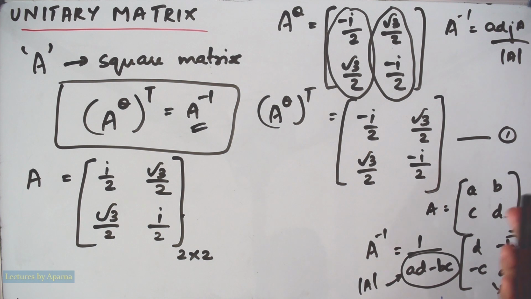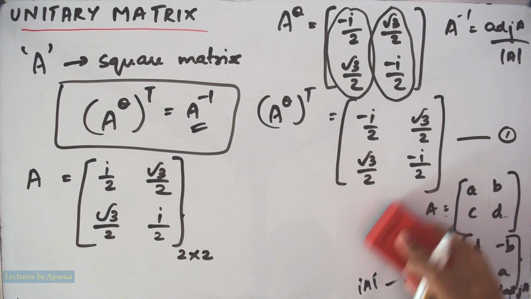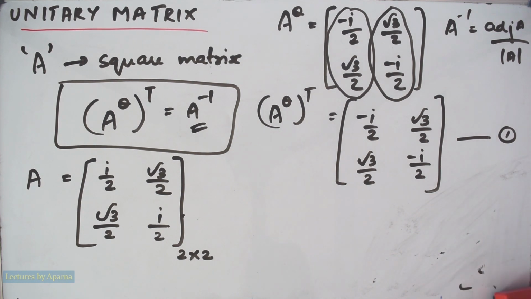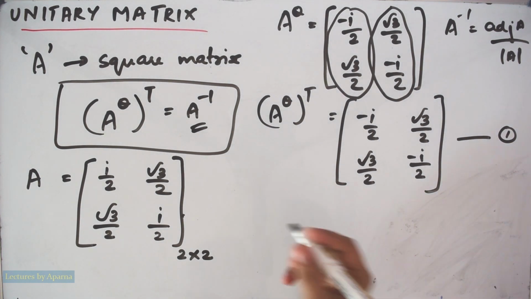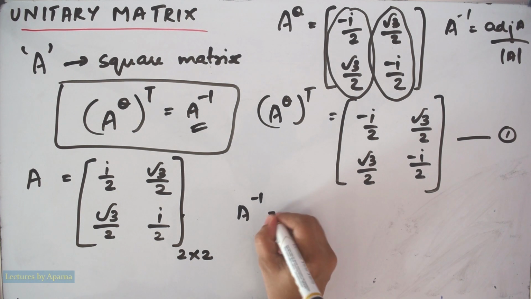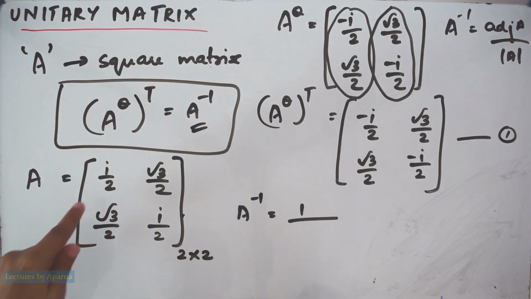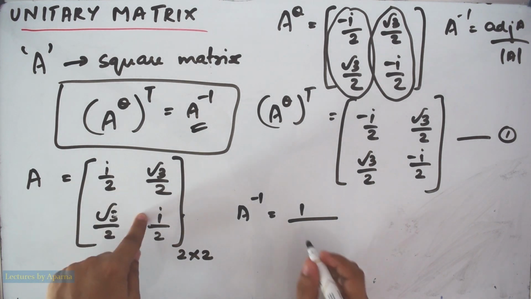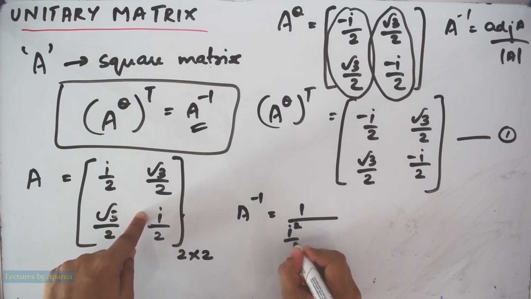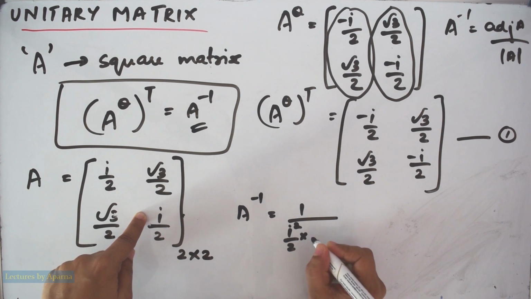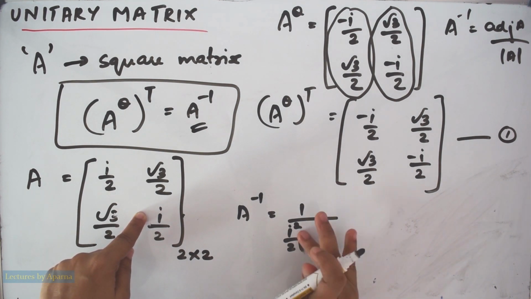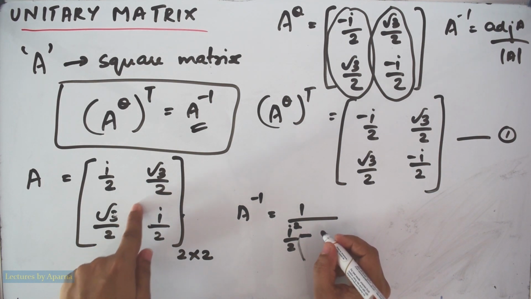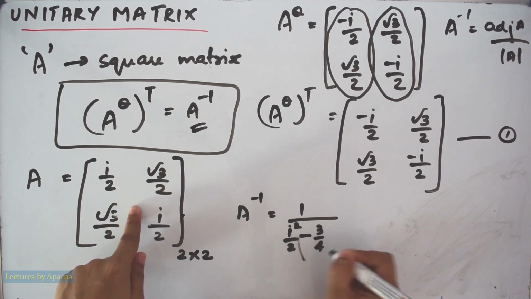So finding the A inverse, it is equal to 1 by ad minus bc. So ad is i square by 2 into i square by 2, minus, these two terms you have to multiply, so that is 3 by 4.